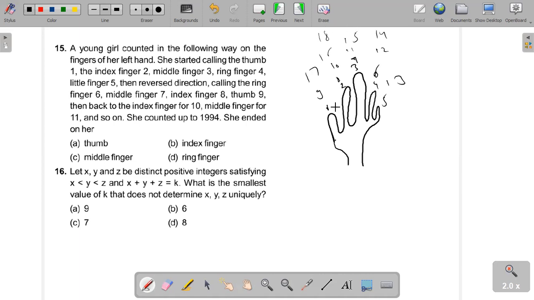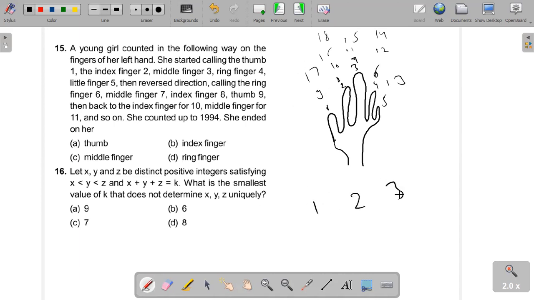So something like this. If we divide this by 6, then the remainder will be 1. No, no, no. Here the remainder would be 3. Here the remainder would be 5.